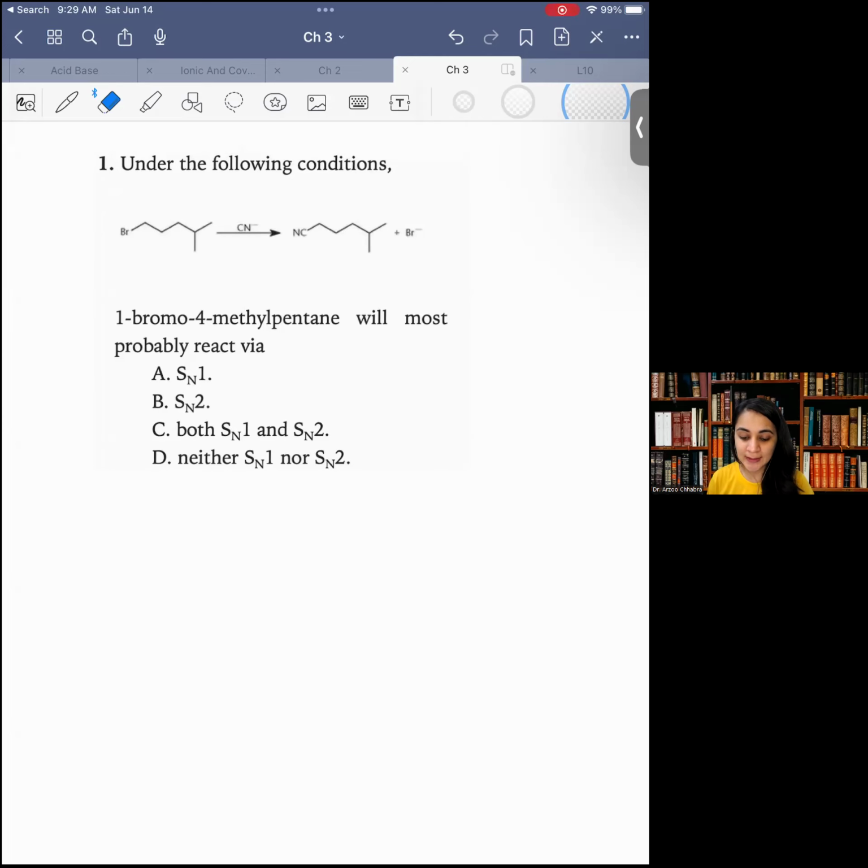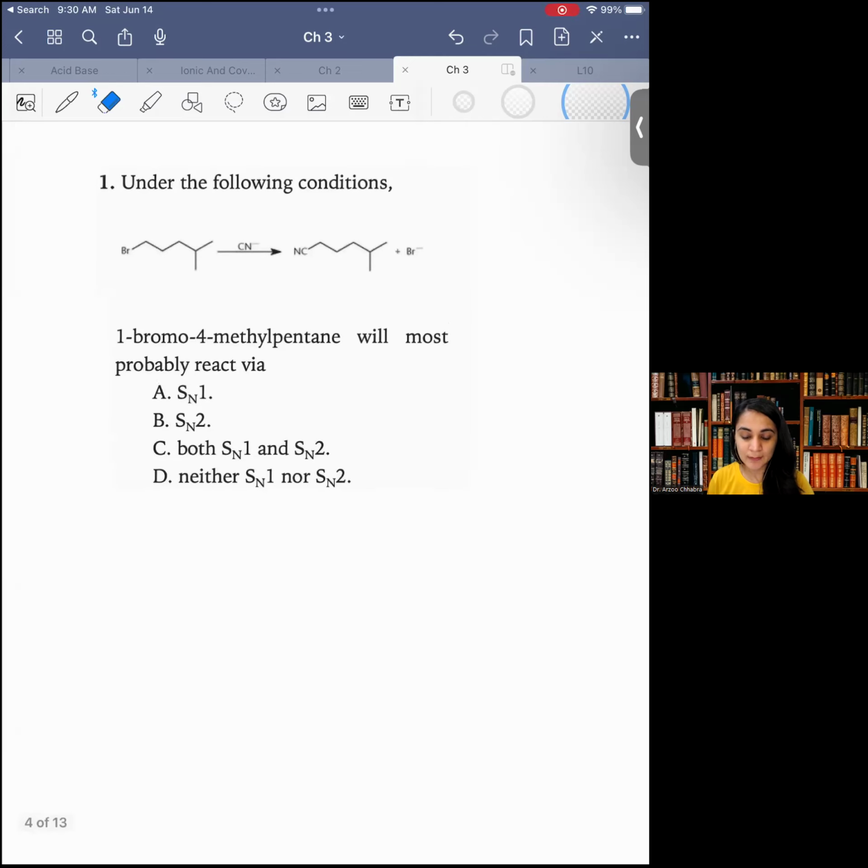So now in this problem, they're really asking whether you can identify whether this reaction is an SN1 reaction, SN2 reaction, or both, or neither, right? Whenever we are trying to identify a reaction, we do that by first looking at the reactant or the starting material.